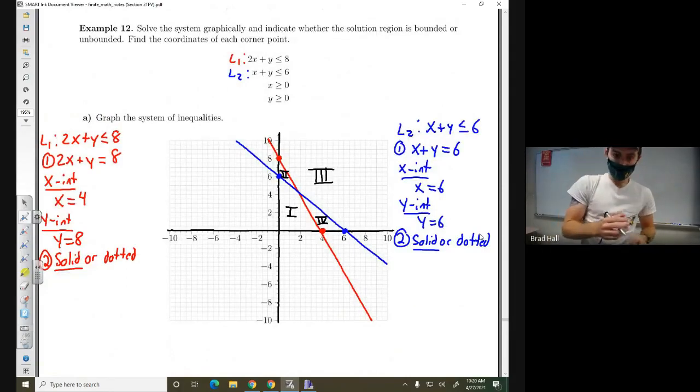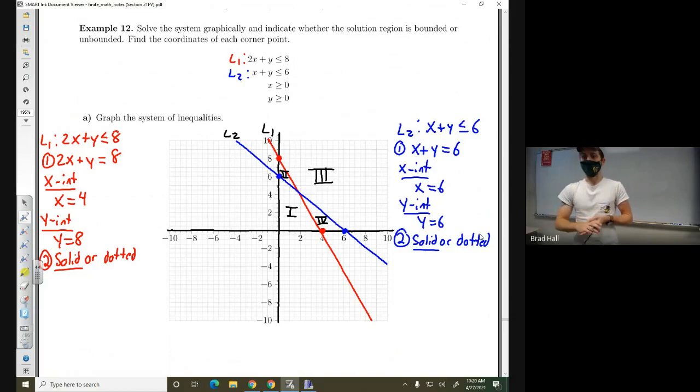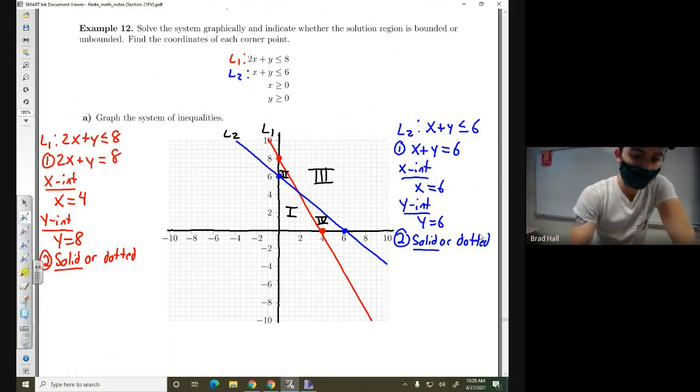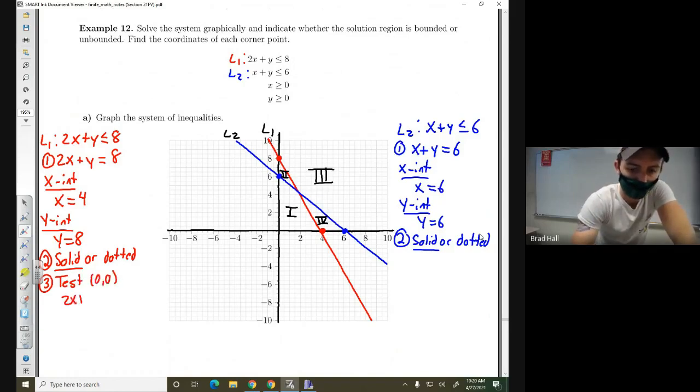So here, we need to test, and if you don't have colors, this is a good way to say the first line you drew is L1 and the second line you drew is L2. That's definitely important as you try to figure out which side of each line to shade. So we'll go ahead and test 0, 0. So this is 2x plus y is less than or equal to 8.